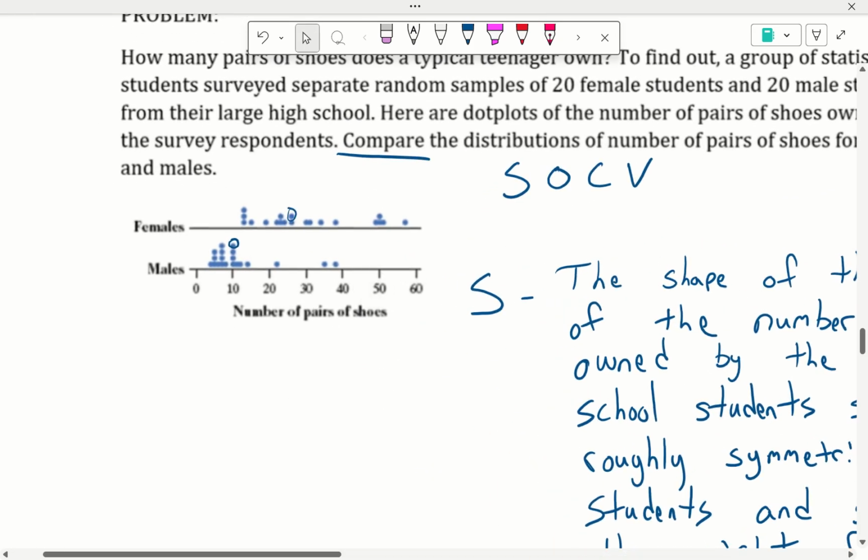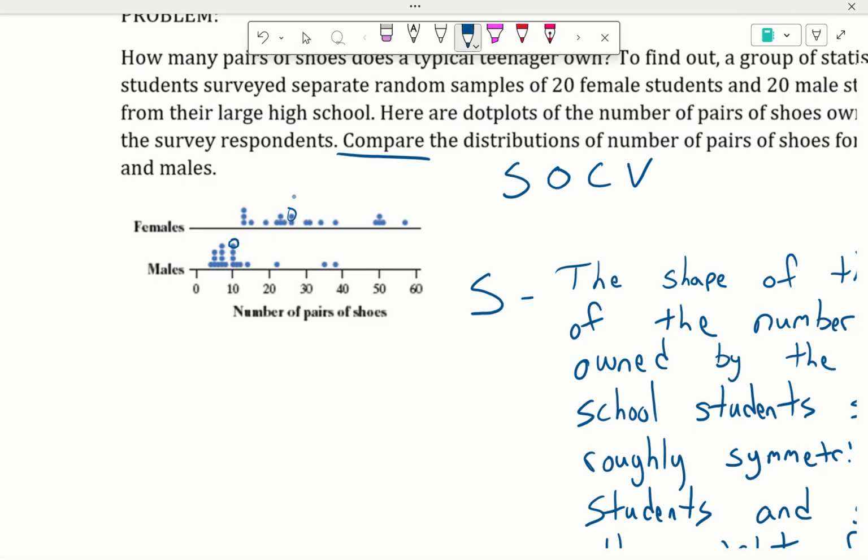If you said the female sample is roughly skewed to the right, the male group is clearly skewed to the right. But the female group, we got these outliers out here that create that long tail off to the right. So if you said it's roughly skewed to the right, I would take that. It's on the fence between roughly skewed to the right and roughly symmetric. I like either of them, but that long tail is the dead giveaway.